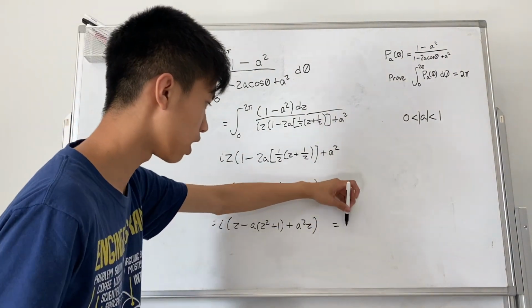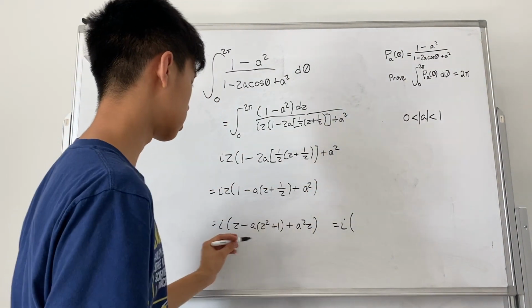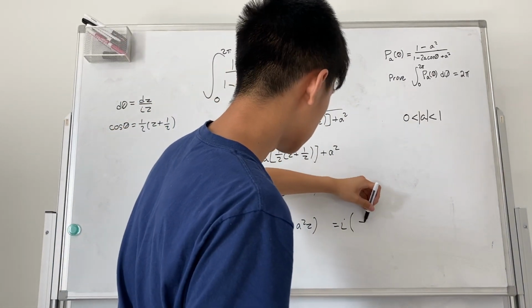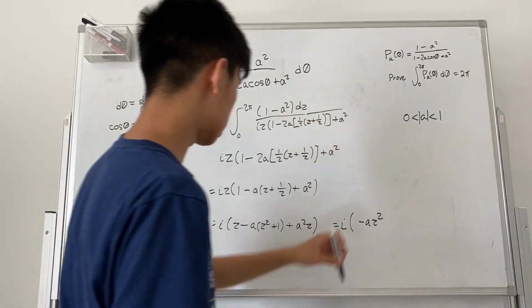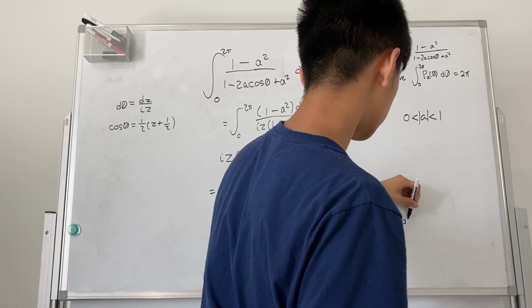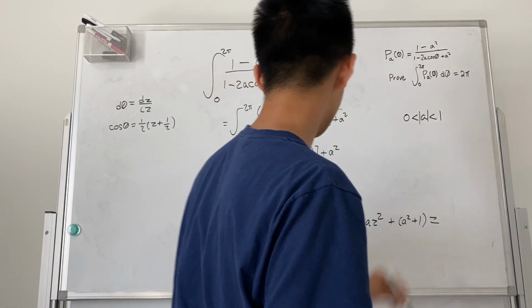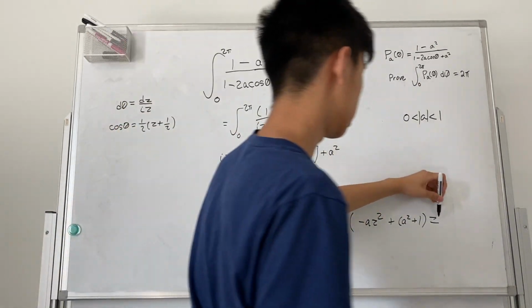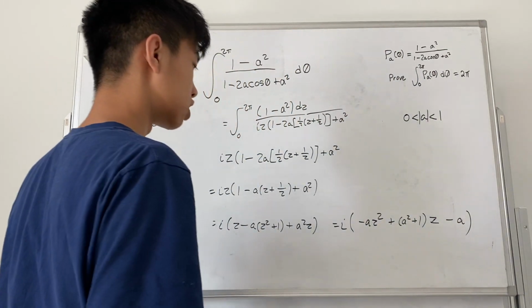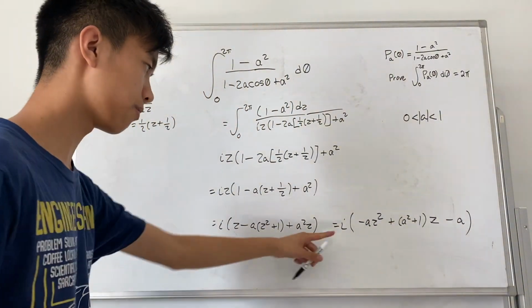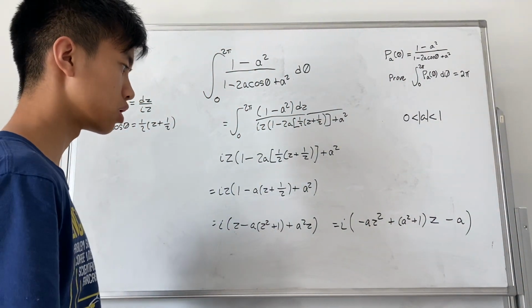So now we have i times negative a z squared plus (a squared plus 1) times z minus a. And then you can verify the algebra for that. And this is actually factorable. We can factor this in terms of z.